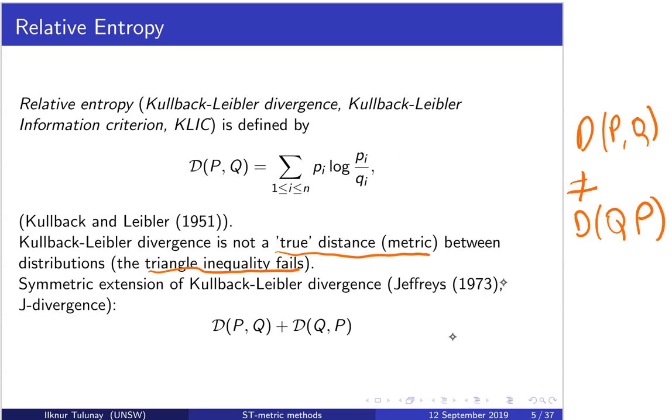So Jeffreys, to avoid this problem, introduced the concept of the symmetric extension. It's also called J divergence or Jeffreys divergence. It was introduced in 1973, by just summing up these two values.